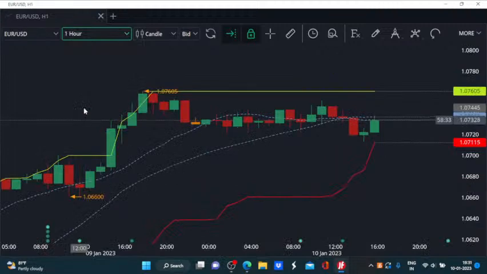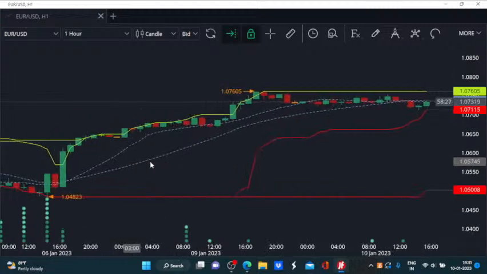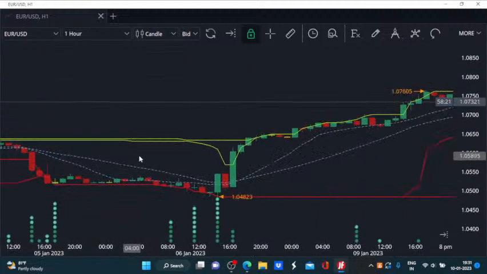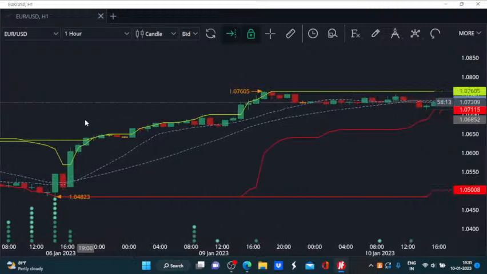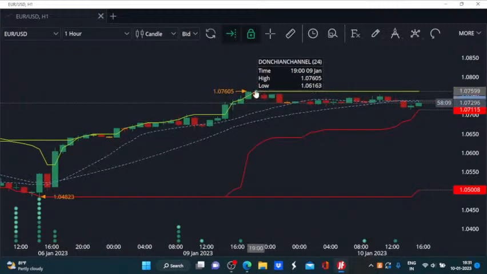If we look at the hourly chart for the Euro USD, the price formation after this consolidation phase where the support was coming in around 1.05, we saw this sharp move in the aftermath of the non-farm payroll release on Friday, and yesterday it was all about consolidating and adding to those gains.